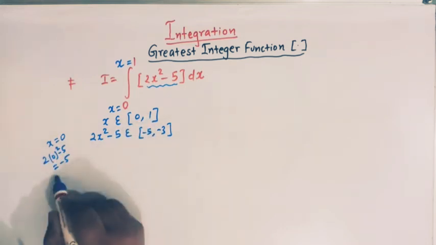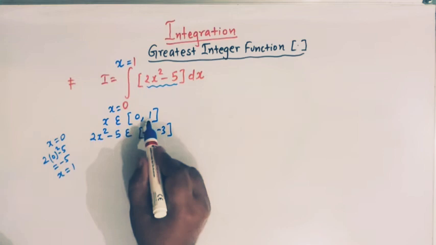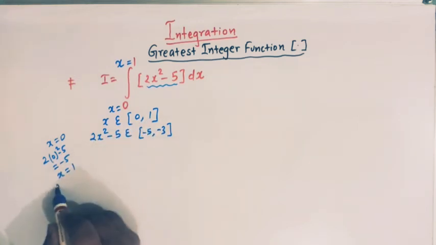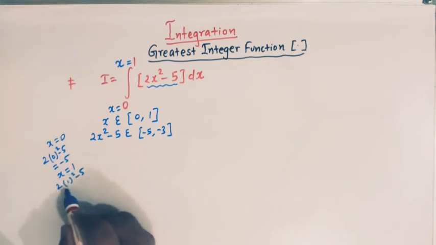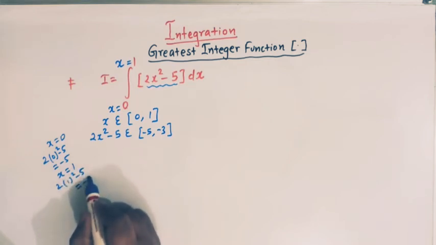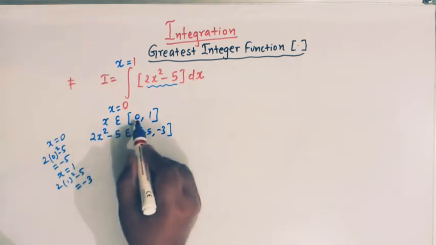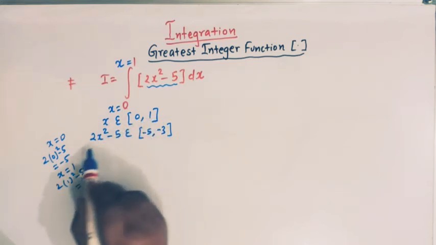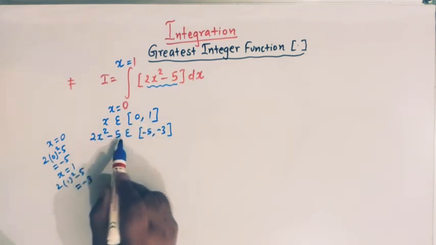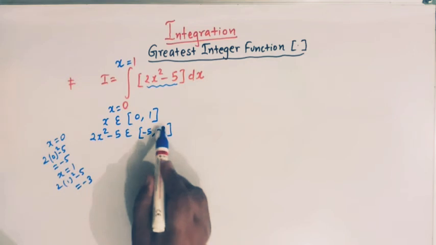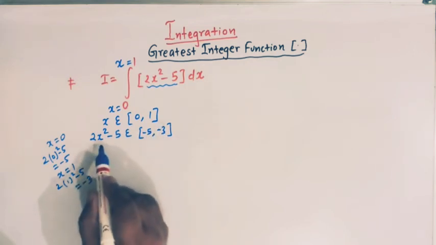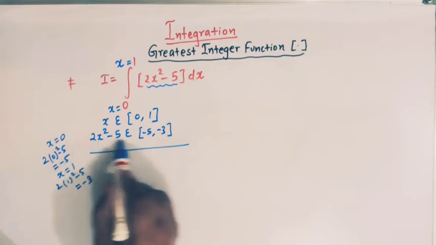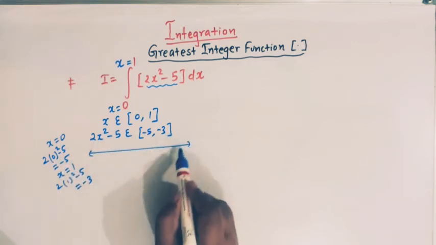When x is equal to 1, the value is 2 times 1 square minus 5, that is 2 minus 5, that is minus 3. So when x belongs to 0 comma 1, 2x square minus 5 belongs to the interval minus 5 to minus 3.